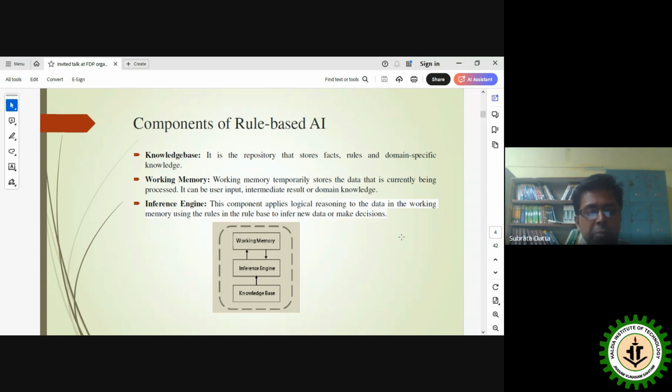Working memory is also a kind of temporary storage place where some operations happen. It can accept inputs, intermediate results, and domain knowledge also. Domain knowledge means where you are getting the data from, so it is the background knowledge of the data. And the inference engine is the most important part, where we try to develop the logical sense of the input data. So rule-based AI actually works within these three components.